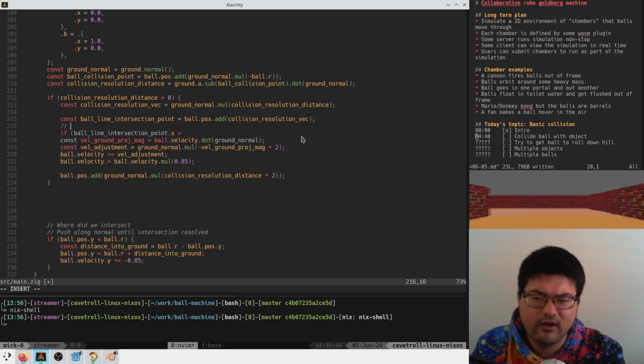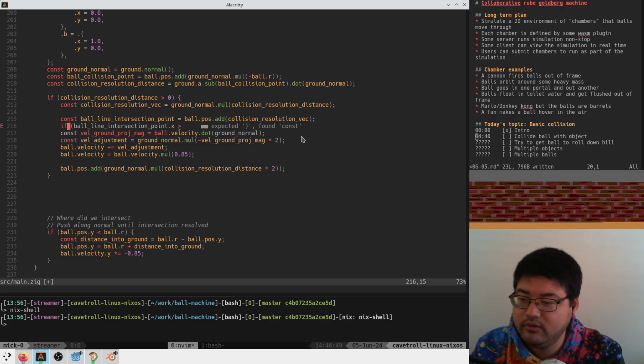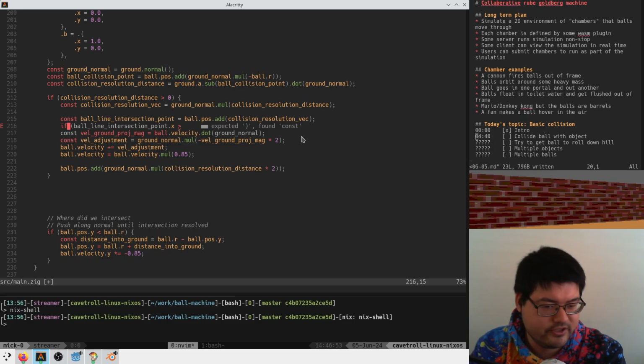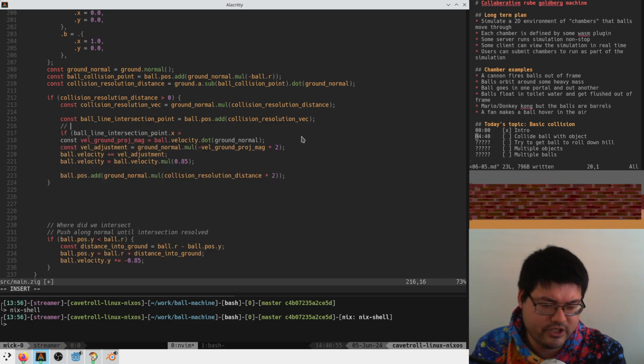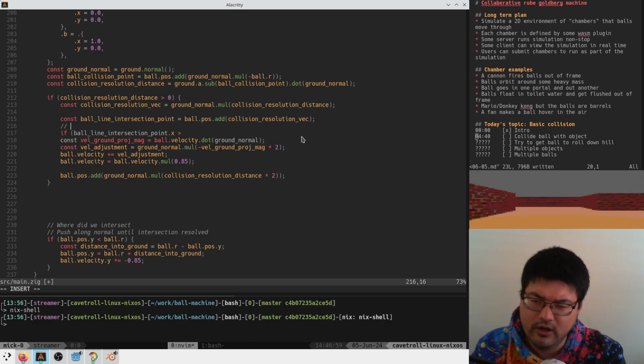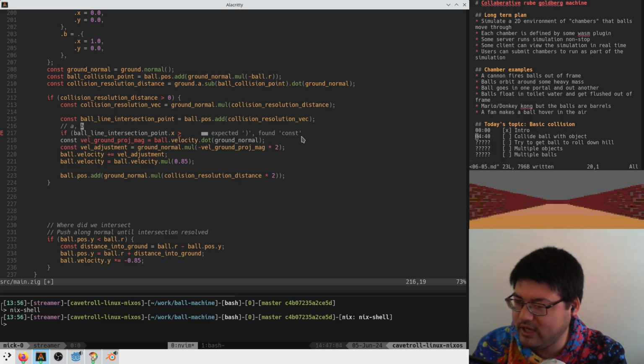So let's think. If I'm trying to check if x is between A and B, A might be greater than or less than B, so we have to handle both of those.